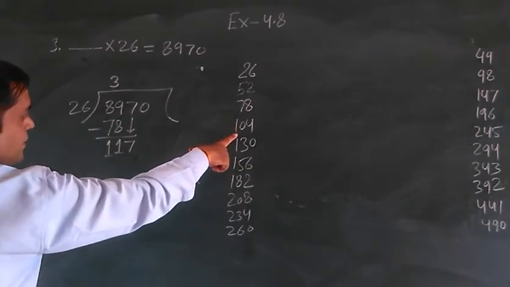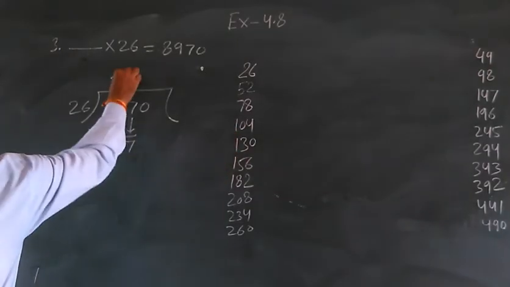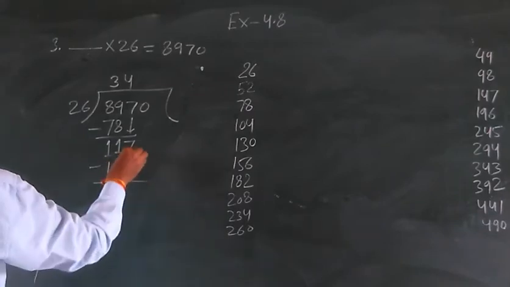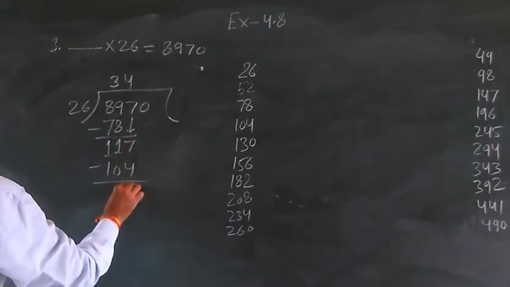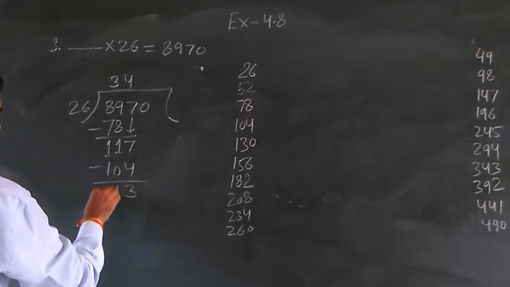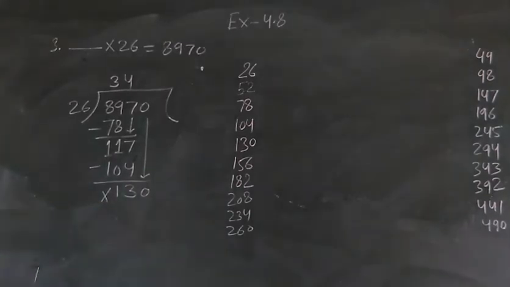130 is greater than 117, so we take 4 times. 104. Subtract: 7 minus 4 we get 3, 1 minus 0 we get 1. And 0 is brought down. So we have 130.